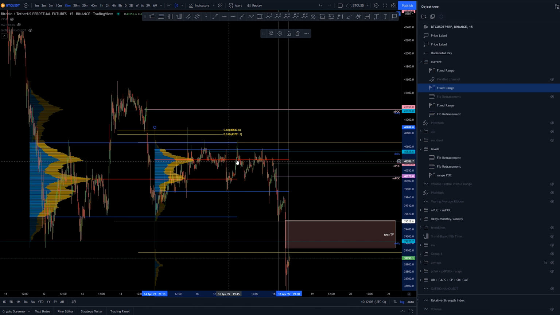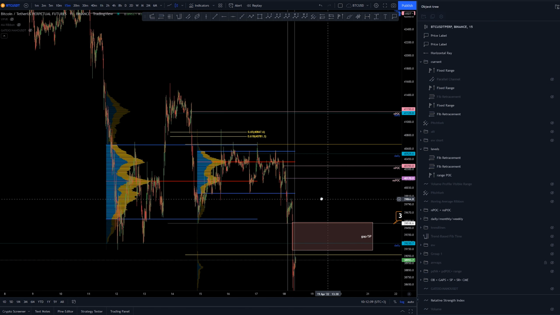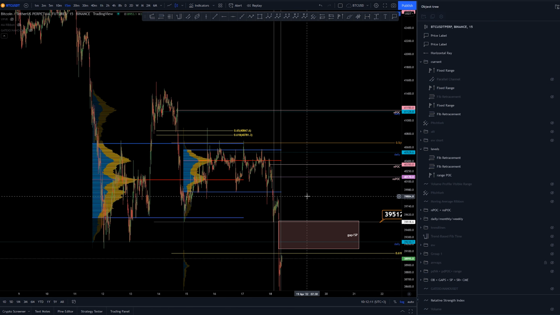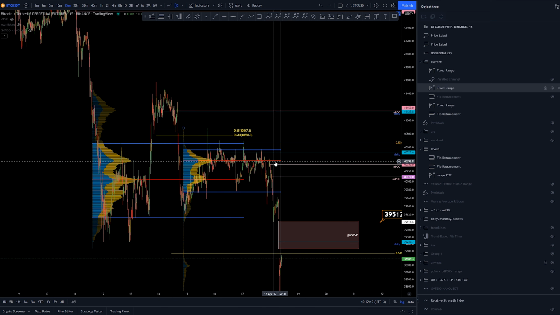Short the highs, long the lows, whichever way it breaks down to, one of your trades is getting pretty good value, I think. Of course, depending on your strategy, you could be taking profits at the point of control and the range value area highs. Those are two good take profit areas for short-term trades.